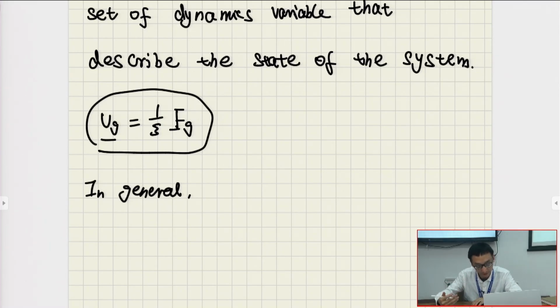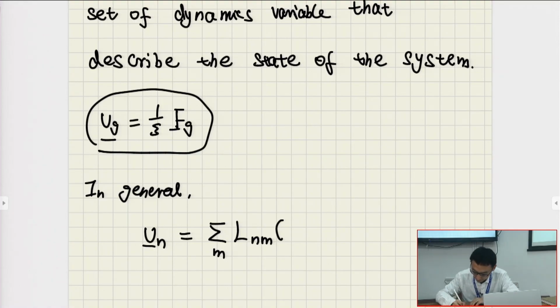So the velocity for the nth coordinate can be written as a sum over m of L_nm, which I'll explain in a moment, depending on the configuration x of the system, times an external force applied to the mth coordinate, F_m.